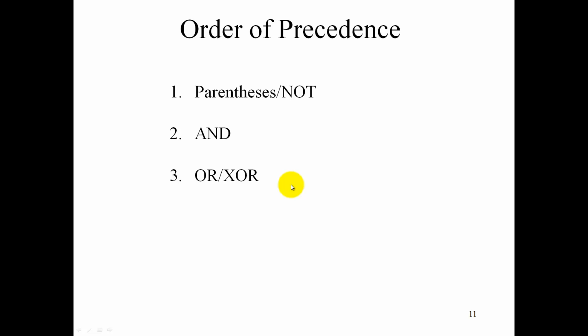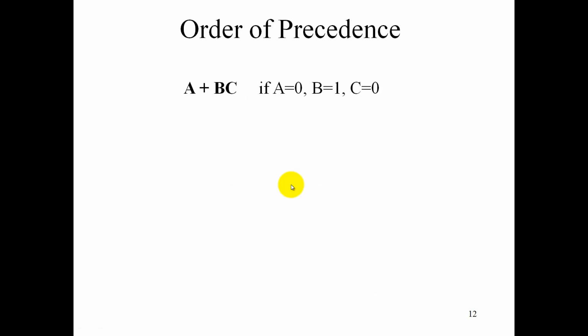So let's look at a few examples. Here we have a statement right here where A equals 0, B equals 1, C equals 0. What do you think the output would be? Now let's look.